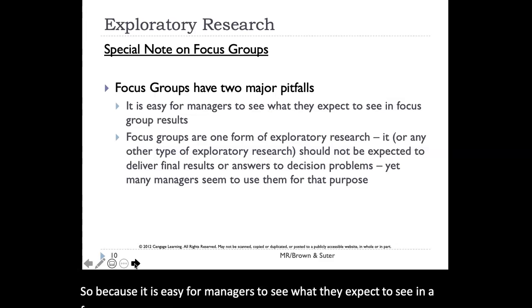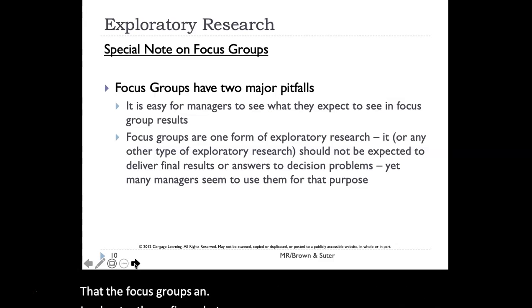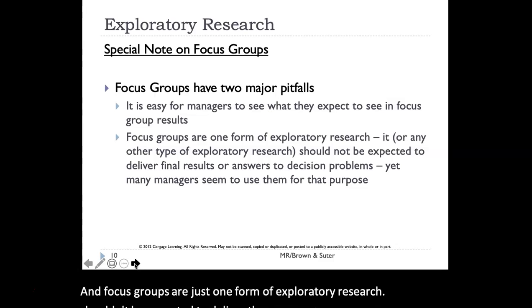If we've already got our mind set on something and we think we know the answer, we can sometimes listen to the focus groups and inadvertently confirm what we're thinking. And focus groups are just one form of exploratory research. They shouldn't be expected to deliver the final results or the answers to our problem. Yet sometimes many managers will just use a focus group.